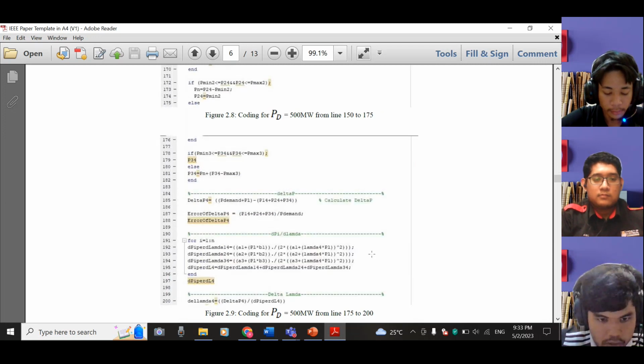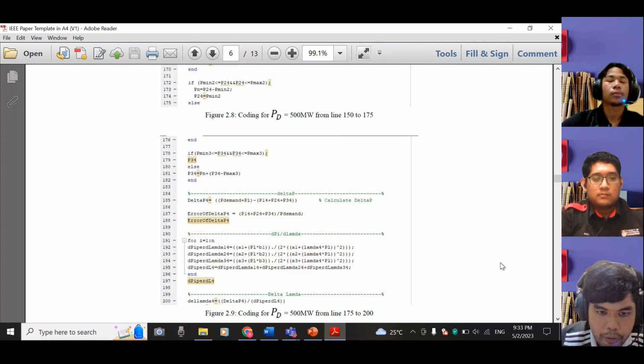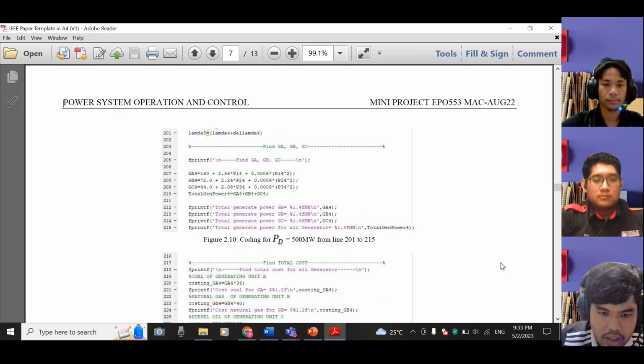Next, the same concept that we have used to find the delta P, dP per d lambda. And at the last coding, we have found the total cost.